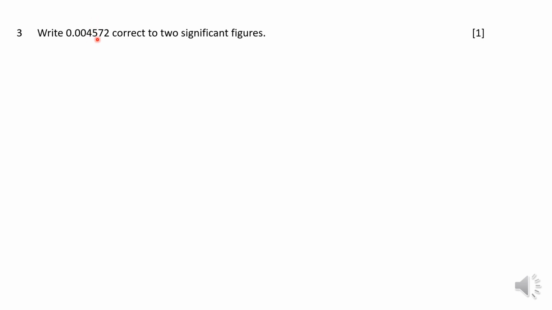Then the 5 becomes the second significant figure, and before you start rounding, you always have a look at the third significant figure. In this case, 7 is going to round that 5 up to 0.0046. So you should not just write 46, which is a very big number. The number is still very small, still less than 1.